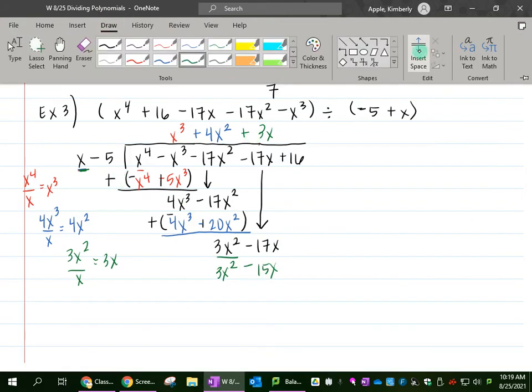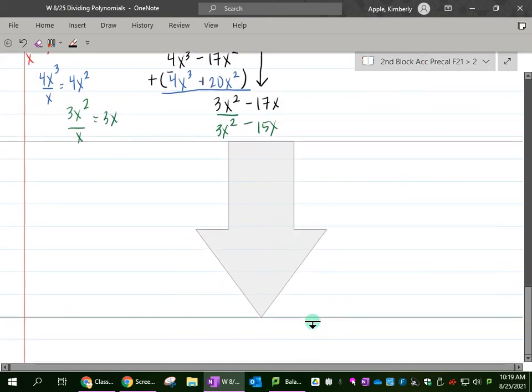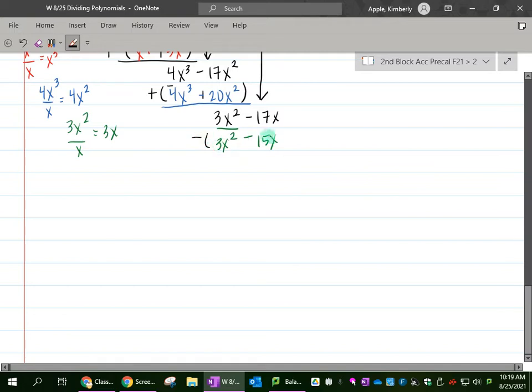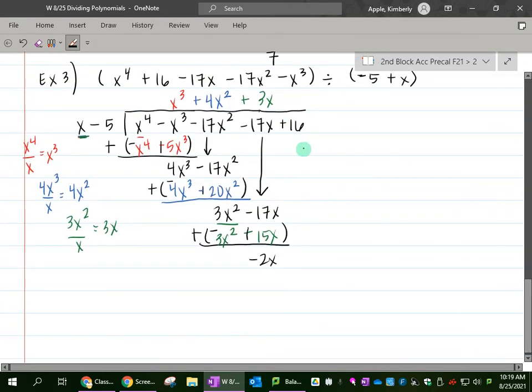Let me get some more space to move this up. Now let's subtract. Distribute the negative. And I'm left with negative 2x. And I think there's one more thing to bring down. Yep. See, I know I haven't brought it down because I don't have an arrow. That's why I like using that arrow business.